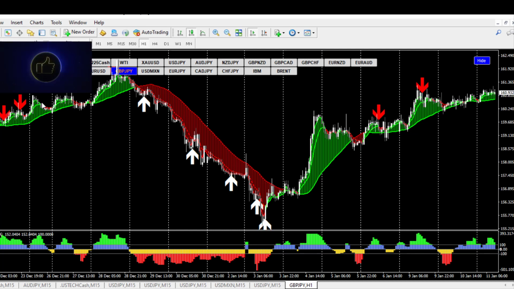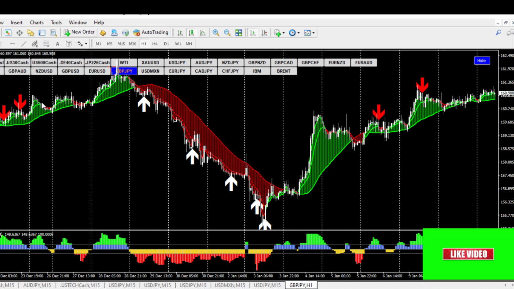Now let me show you how to use this particular strategy. It is simple. I just have 3 indicators on my chart apart from the symbol changer and indicators. This indicator, you have to test which pair you want to use it for.